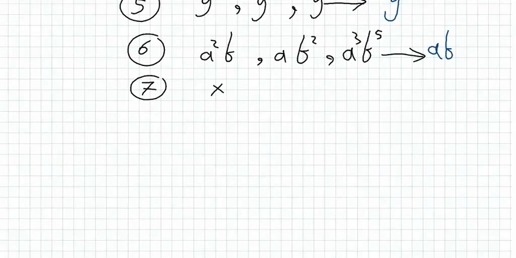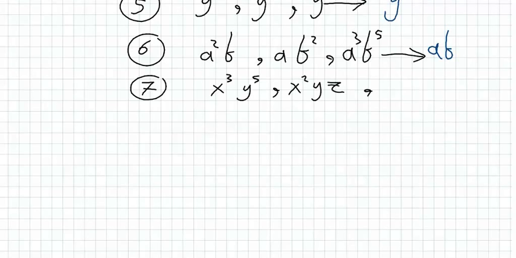x cubed y to the power 5, x squared y z, x to the power 5 y cubed z. The greatest common factor here: x cubed, x squared, x to the power 5. The lowest power is x squared. y to the power 5, y to the power 1, y to the power 3.